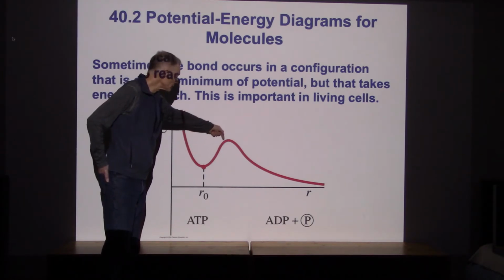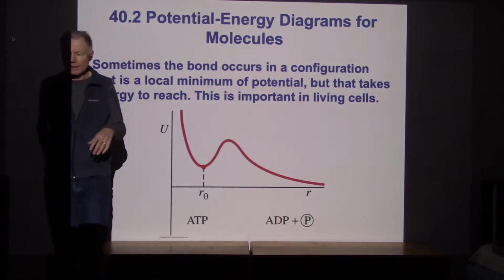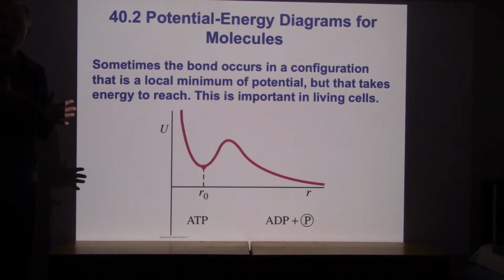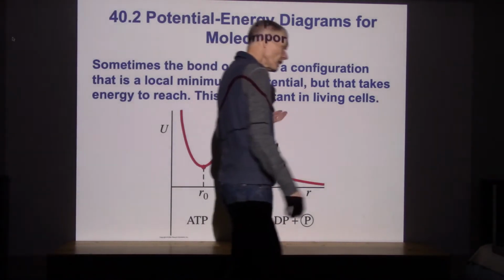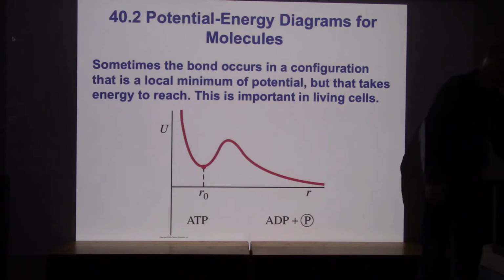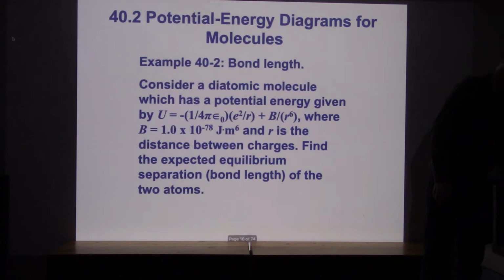Doesn't take so much activation energy, so it's not too difficult for an enzyme to come in and allow that phosphate group to come off. And then when the enzyme comes in, overcomes that very modest energy barrier, there's a large release of energy.